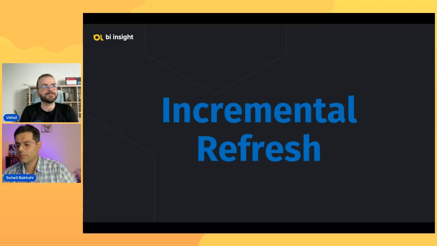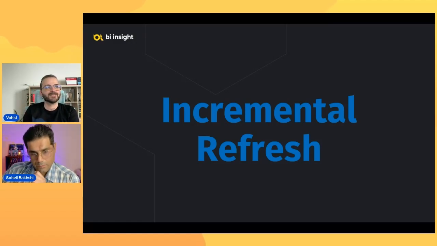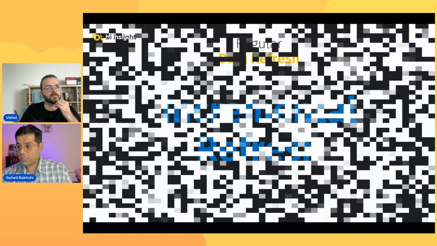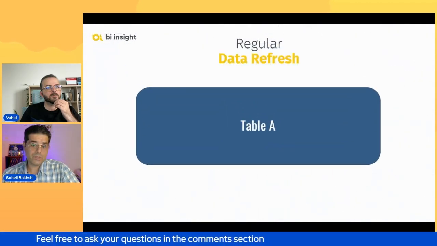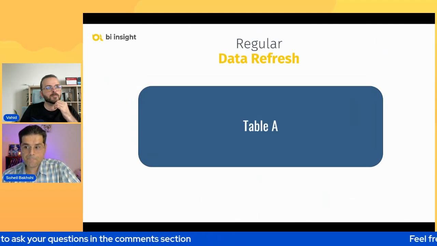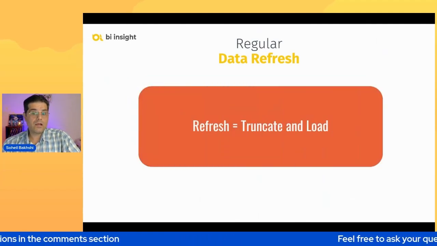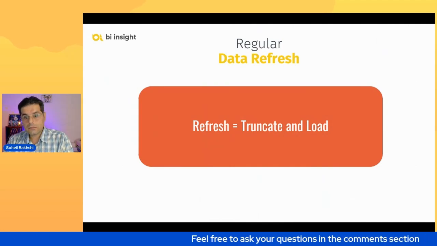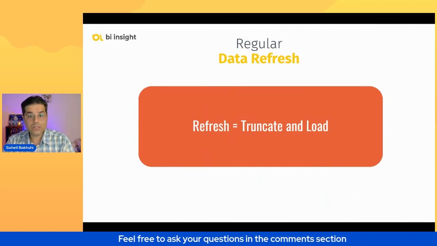Okay, great. Remember that I said earlier, that whenever we refresh a table or a data model, we are basically truncating the entire table. Let's say I have table A. Whenever I refresh this table, I am literally truncating the entire table or the data.